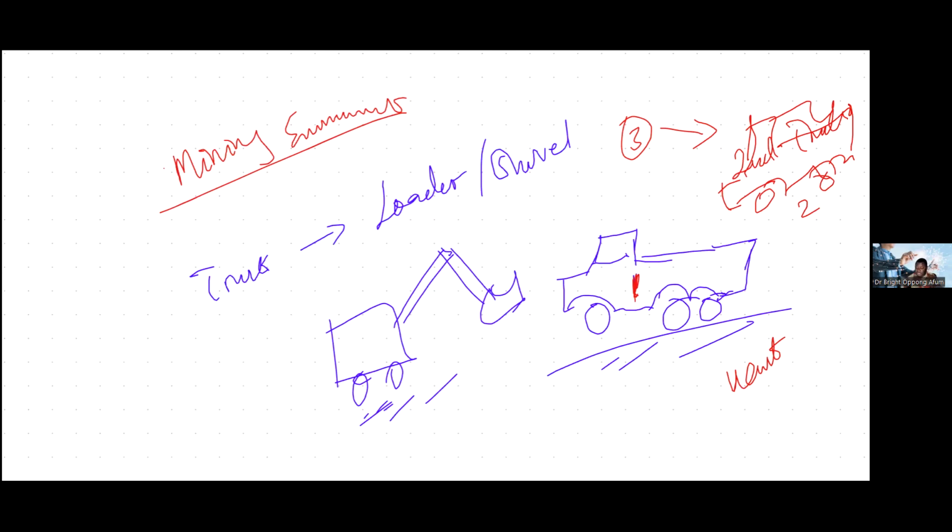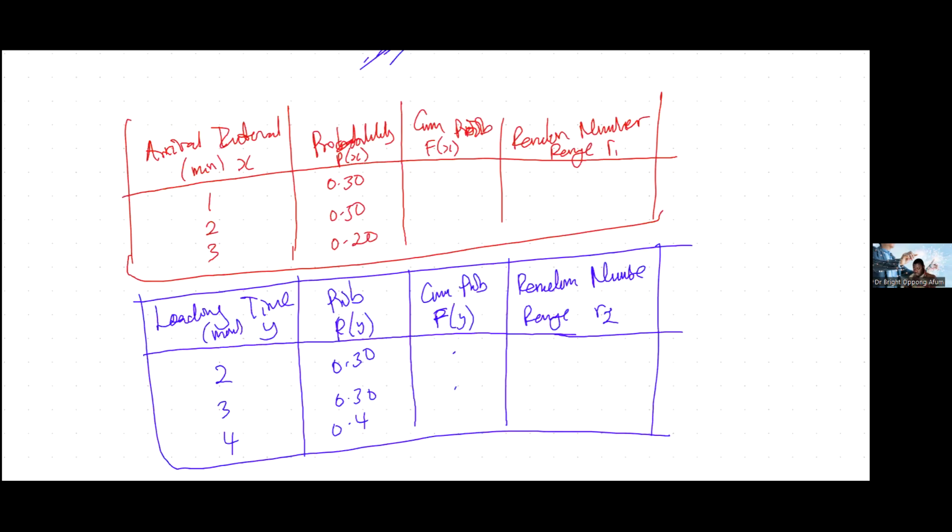So let's see the kind of input data that we have collected so far. We have this simple problem here. We have an arrival time or arrival interval for a particular queuing system, the time that the trucks come, and we also have the loading time.